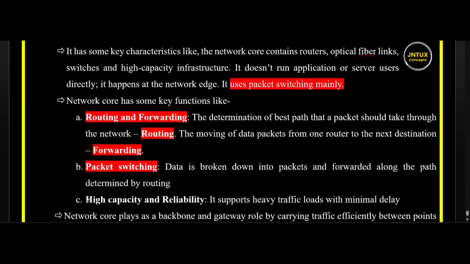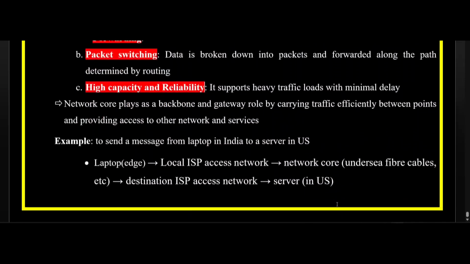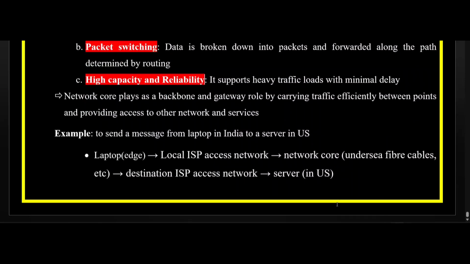High capacity and reliability: it supports heavy traffic loads with minimal delay. Network core plays a backbone and gateway role by carrying traffic efficiently between points, and it provides access to other networks and services. Let's understand this with an example.